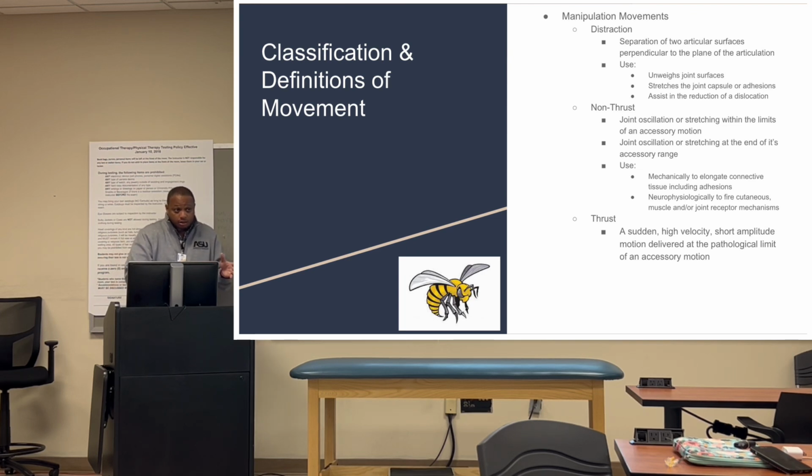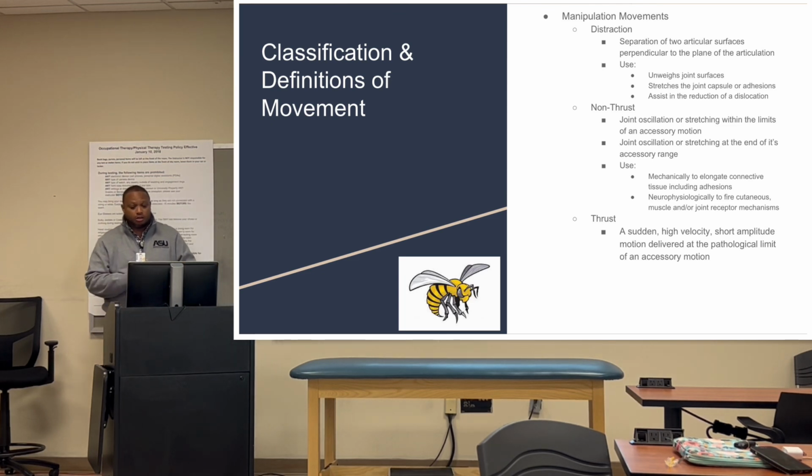So we get them to a grade 4, and then at the end we add a high velocity, like a very fast movement, but it's a short amplitude mobilization at that range. And typically we get some type of release of the joint, some type of audible release, what some refer to as a pop when we do the thrust technique.